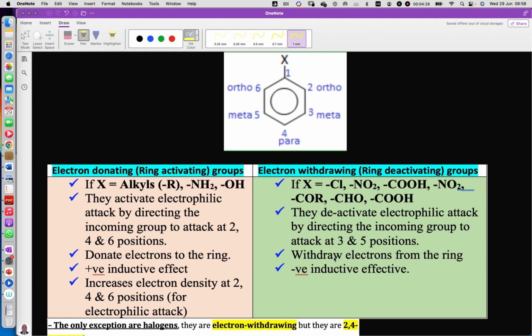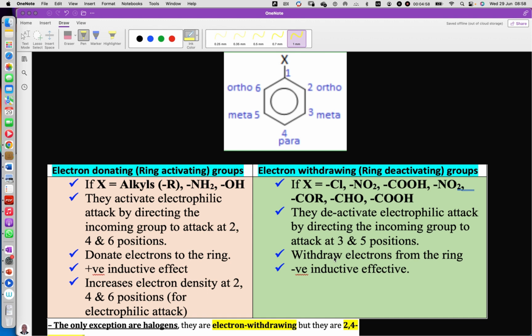When they increase the electron density on the 2nd, 4th, or 6th positions, it helps to activate the ring at these positions. And by doing that, it also activates electrophilic attack at these positions because of their electron density.